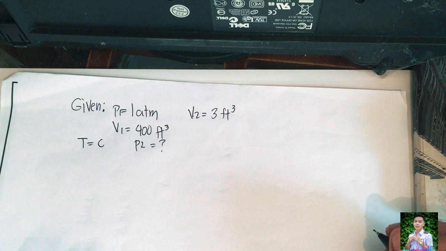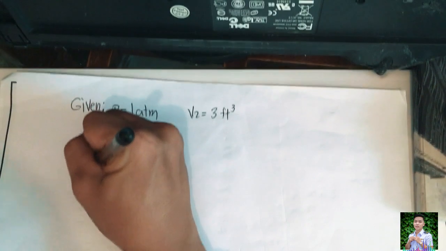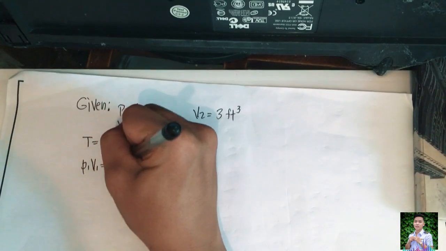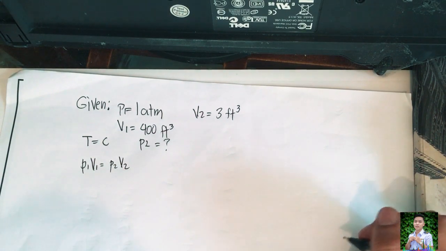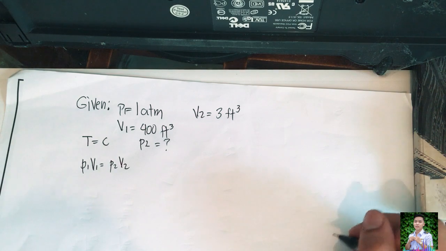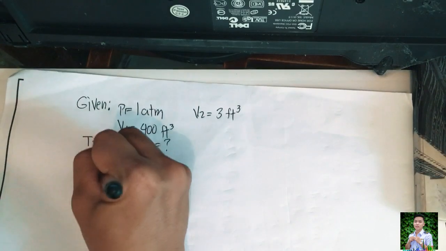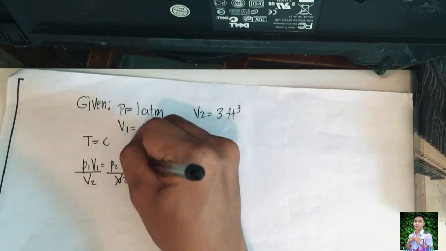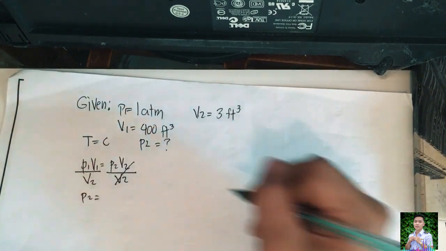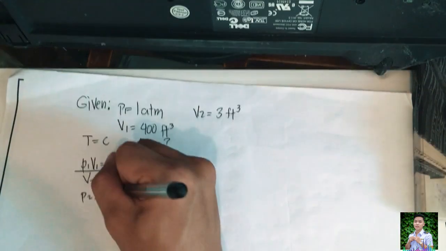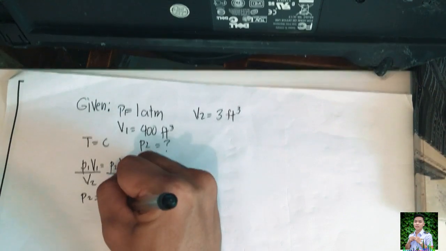Now, we can use Boyle's formula, which is P1 V1 is equal to P2 V2. Since we need to find out P2, we move the V2 to the other side of the equation. So the formula for this problem would be P2 is equal to P1 V1 over V2.